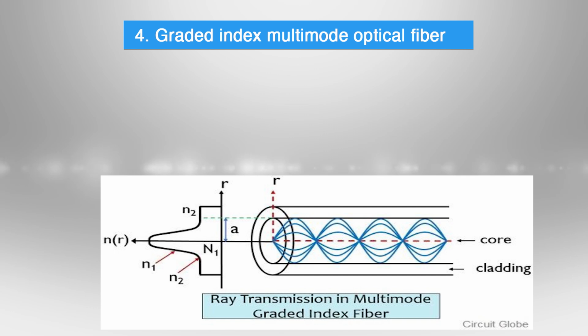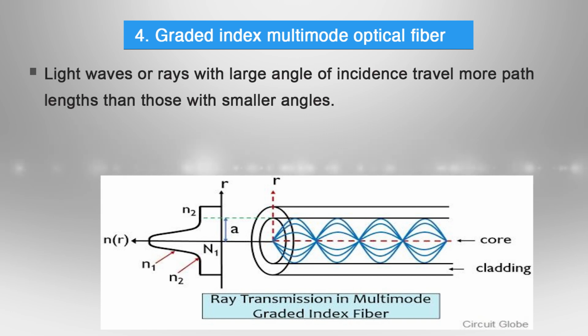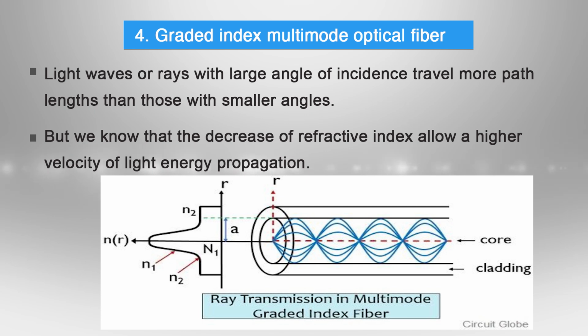The last and fourth one is graded index multimode optical fiber. From the figure, it is quite clear that light waves or rays with large angle of incidence travel more path length than those with smaller angles. But we know that the decrease of refractive index allows a higher velocity of light energy propagation.